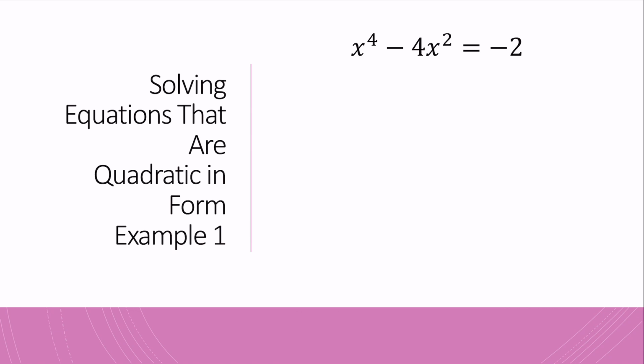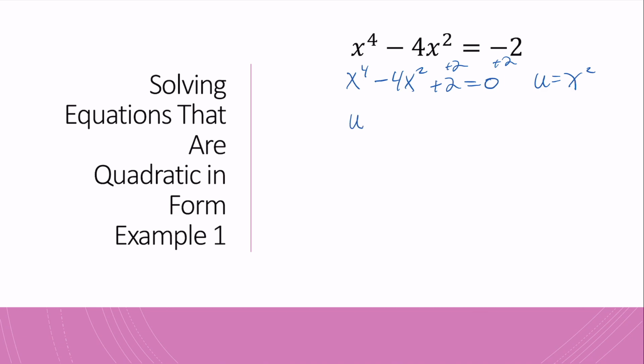So here I have x to the fourth minus 4x squared equals negative 2. So I'm going to first move this negative 2 over to the other side. So I have x to the fourth minus 4x squared plus 2 is 0. And I'm going to let u be x squared.